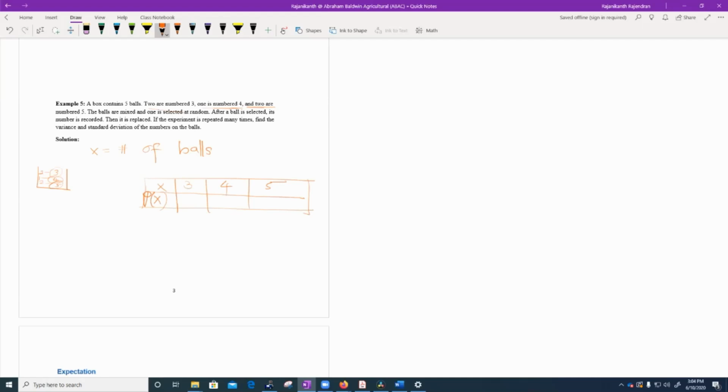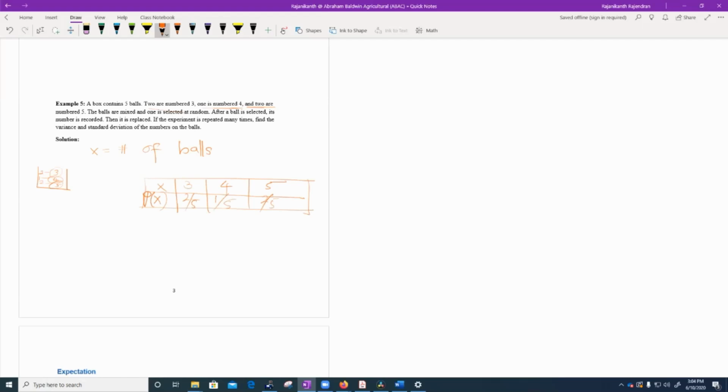Remember, in total there are 5 balls. So the chance of getting 3 is 2 out of 5, because there are 2 such balls. And here 1 out of 5, because we have only one ball numbered 4, and 2 again out of 5. Make sure that this is a correct probability distribution.